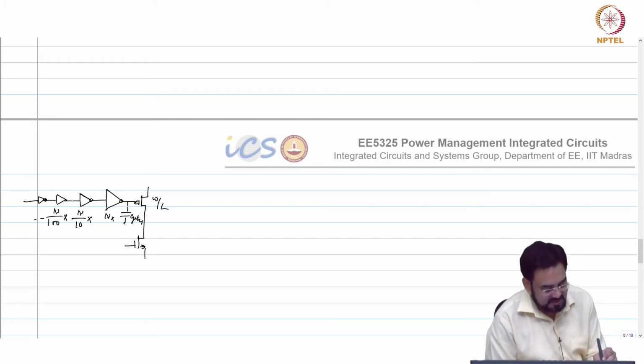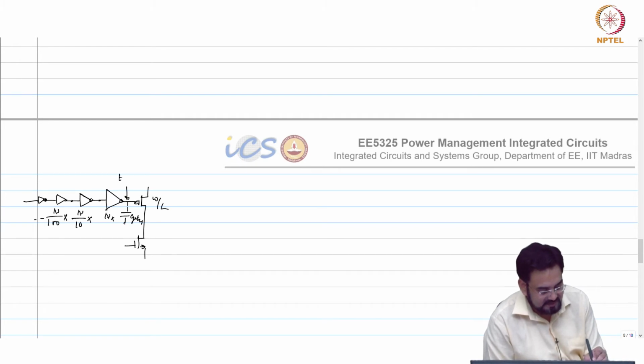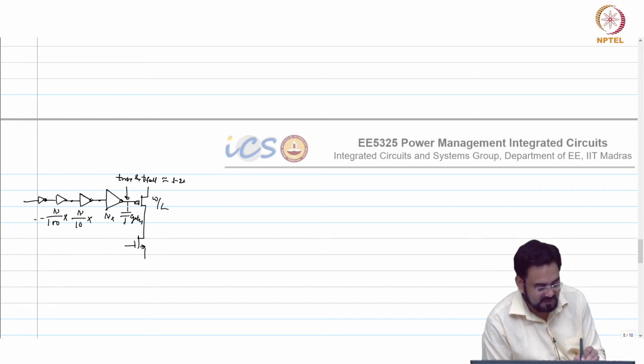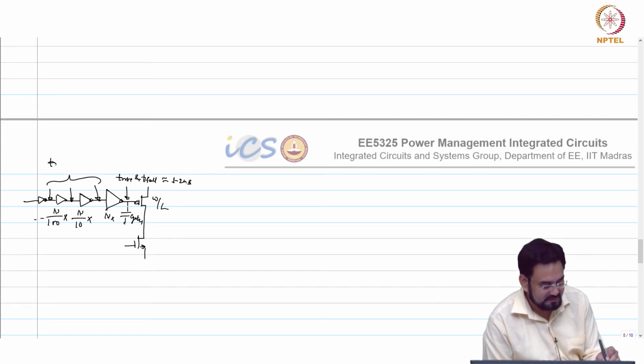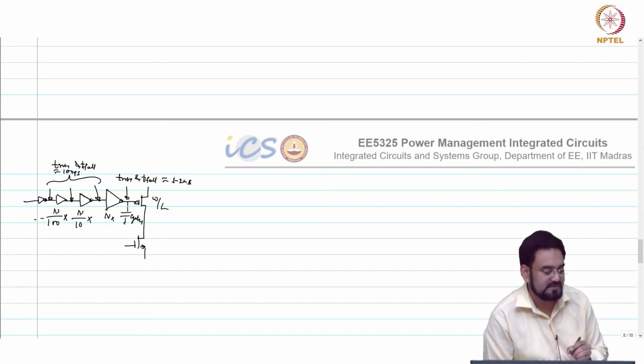The most important thing to make sure of: the T rise and T fall, we are looking for 1 to 2 nanoseconds, but here we are looking at T rise and T fall of the order of 100 picoseconds.